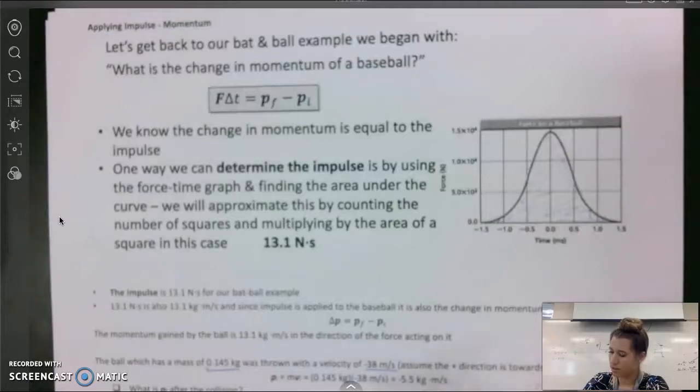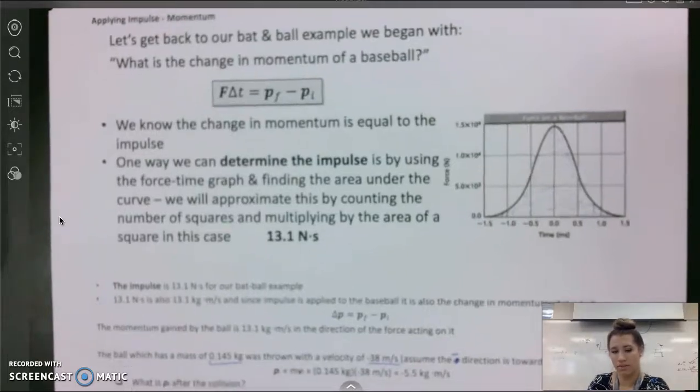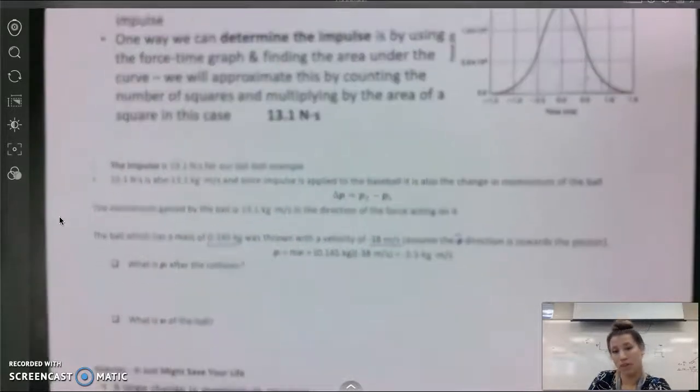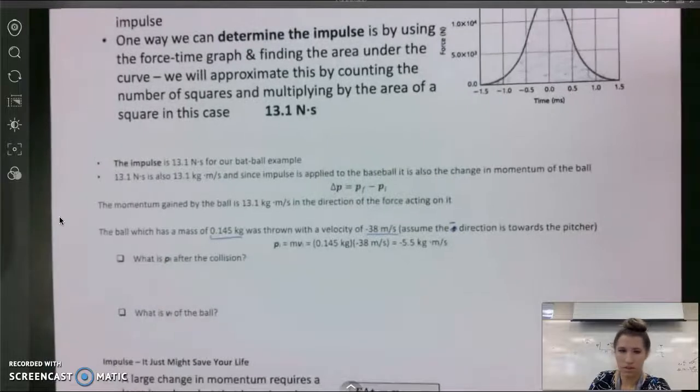I think we have that backwards then. Okay, so let's change that. Let's make the negative direction, like we were talking about, towards the pitcher. And then when the ball leaves the pitcher, it'll have a positive velocity. And then that works for that negative 38 initial.